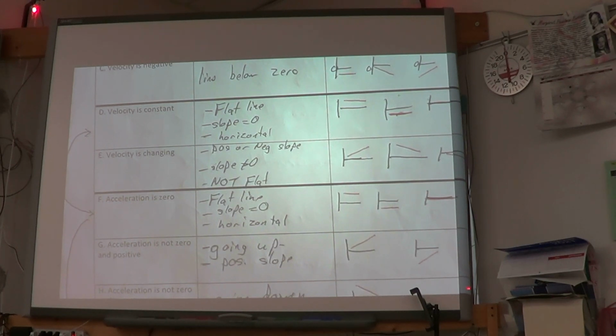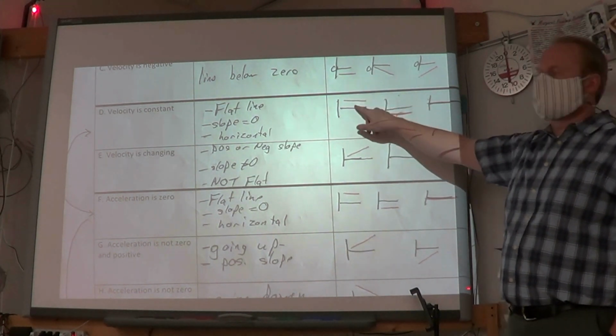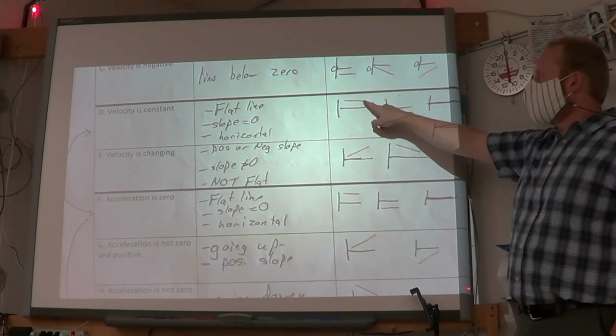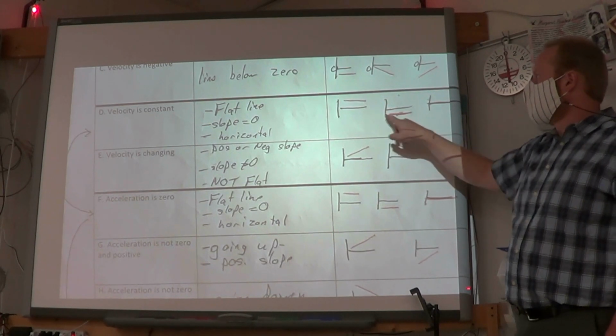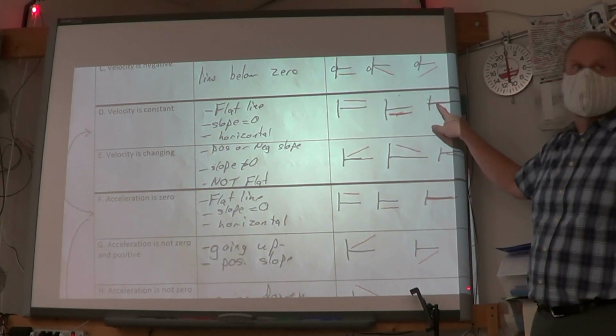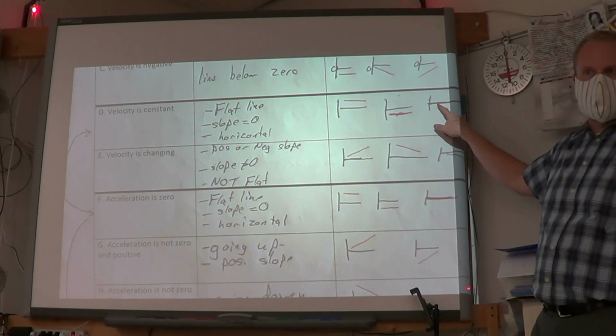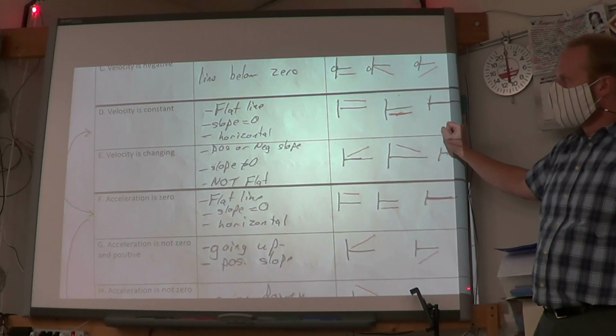So we're looking for flat lines. This line right here is meant to be straight, it was a little crooked, is a flat line with a positive velocity. Velocity is constant. This is a negative velocity with constant velocity. This is 0 velocity, but the velocity is still constant. It's not changing, it's staying at 0.